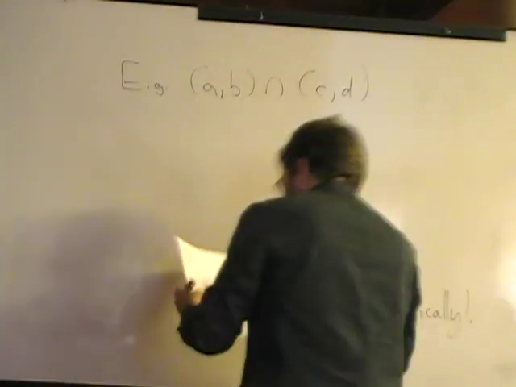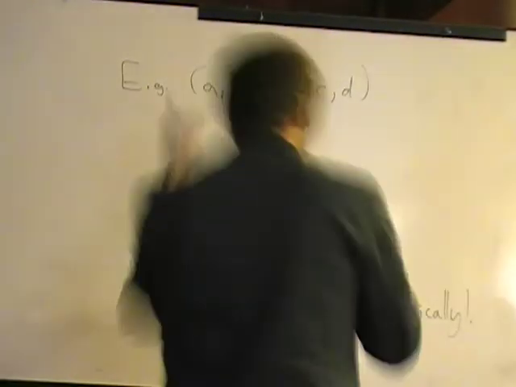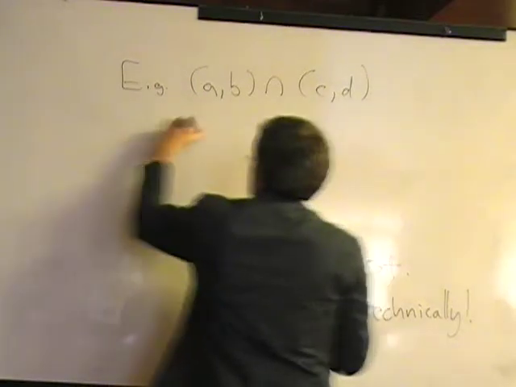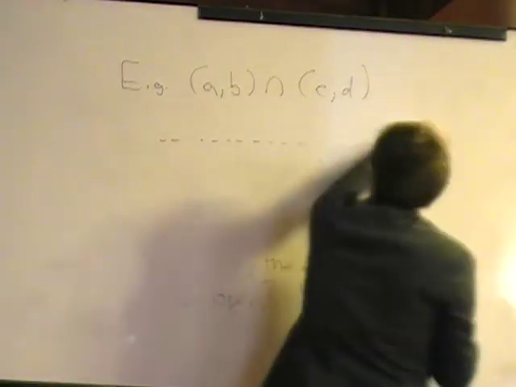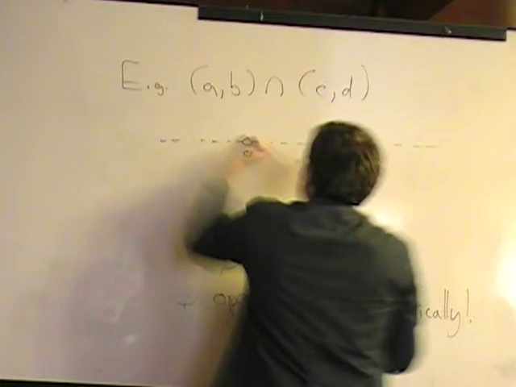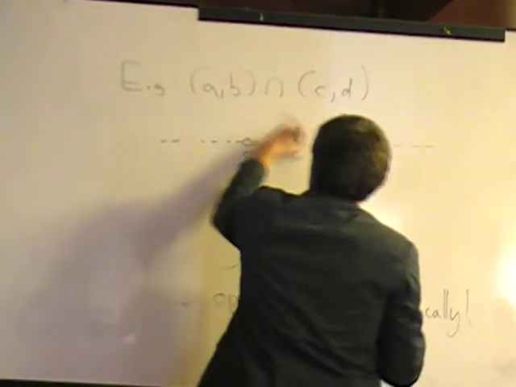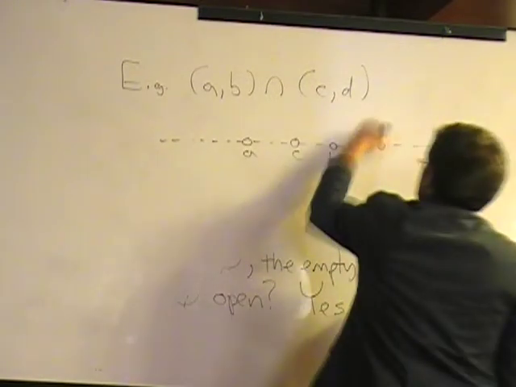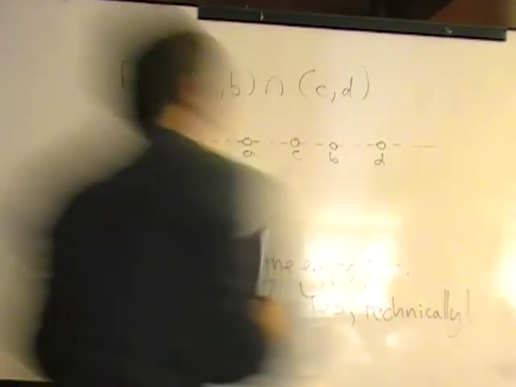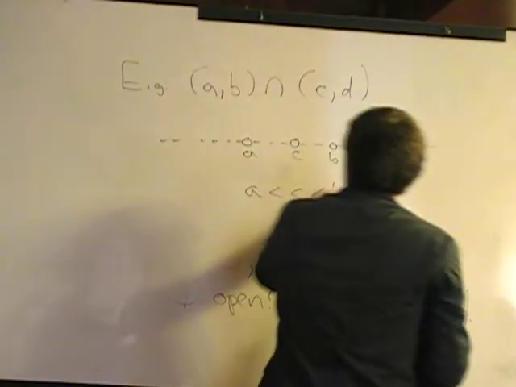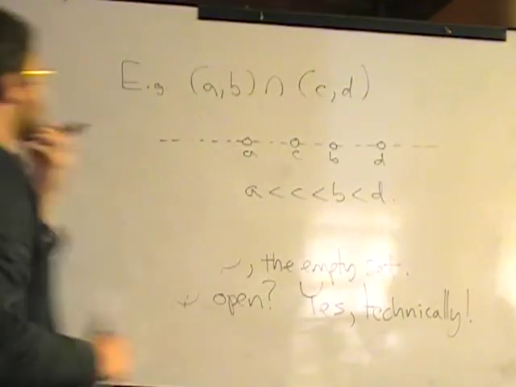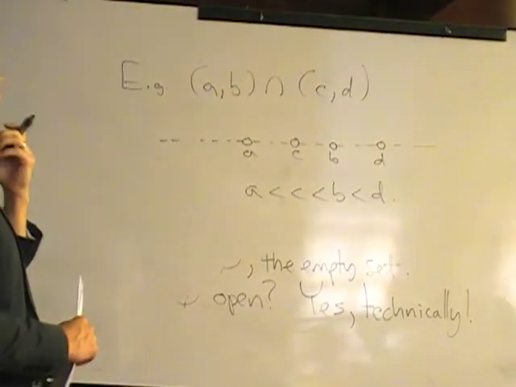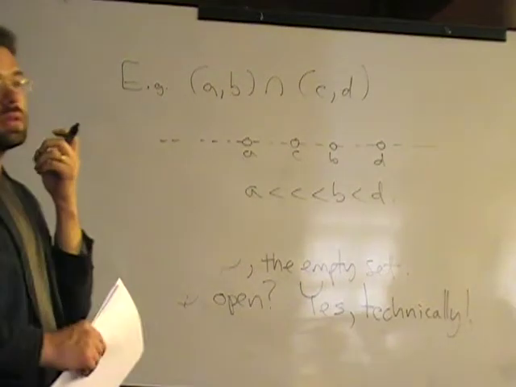Okay, so the more interesting thing is if we have A, and now let's put C next, and then B, and then D. So in this picture I have A less than C, less than B, less than D, but I'm still thinking about the same intersection of sets. Now what is the intersection?